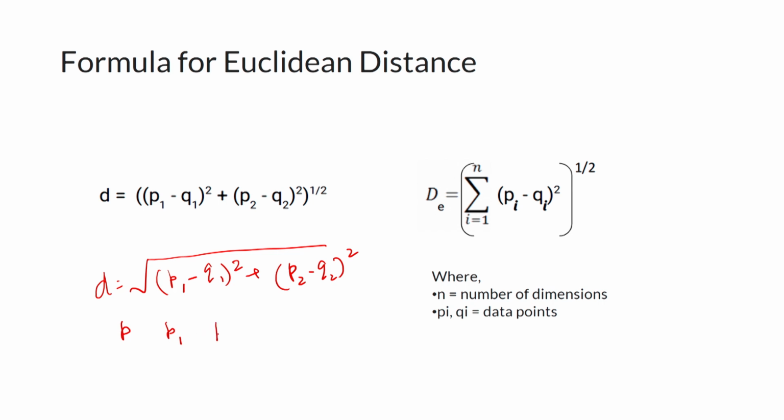For instance P, the feature values are P1 and P2, and for instance Q, the feature values are Q1 and Q2. We find the Euclidean distance between these two instances by this formula, P1 minus Q1 square plus P2 minus Q2 square, and then we take the square root of this. If we have n features, n terms will be added here. So, this is the formula of Euclidean distance.